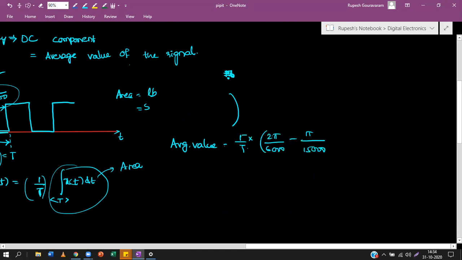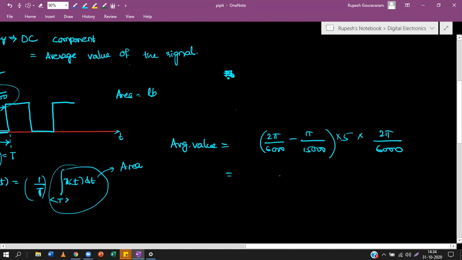That means 5 into this. 1 by T means what?